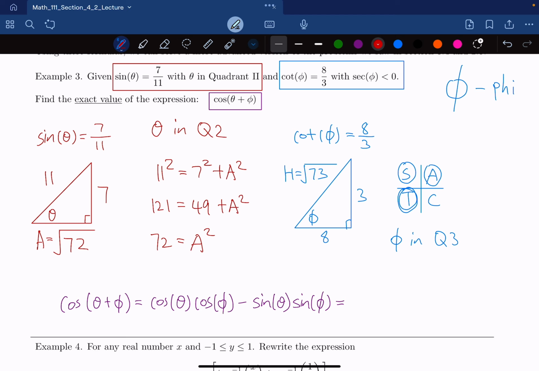Anyways, so we have cosine of theta. Again, we're using this side of my triangle. Cosine is adjacent over hypotenuse, so radical 72 over 11. And then cosine of phi, we have to use this triangle. Again, cosine is adjacent over hypotenuse, so 8 over radical 73.